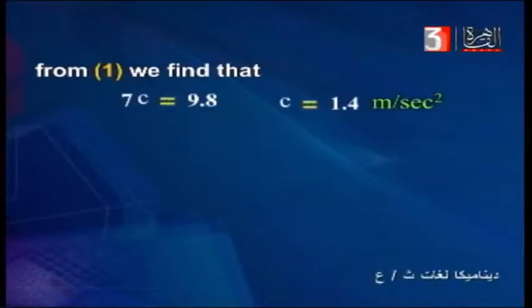Dividing both sides by 7, then c equals 1.4 meter per second squared, and this is the acceleration of the motion in the first case, when the reading of the scale is 8 kilogram weight. And in the second case, the acceleration is 2 times 1.4 meter per second squared, when the reading of the scale is 5 kilogram weight.